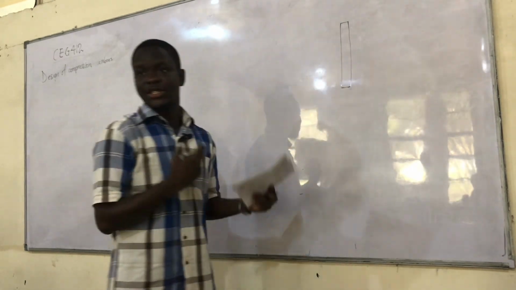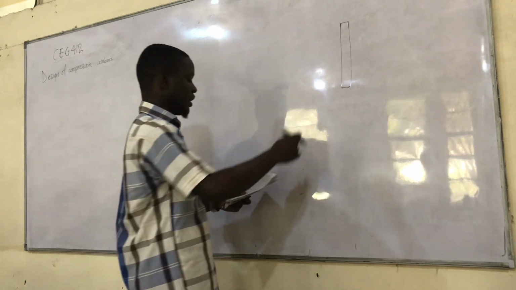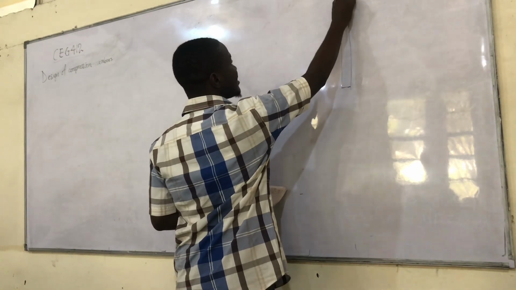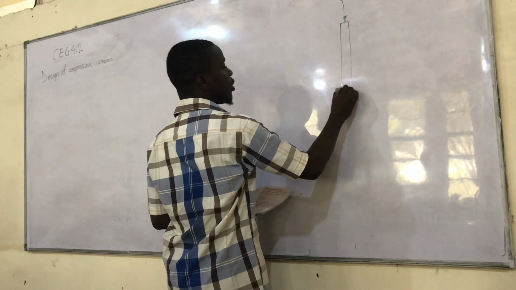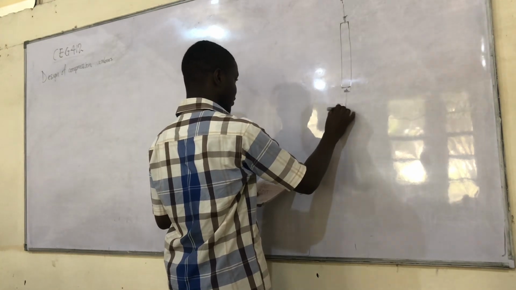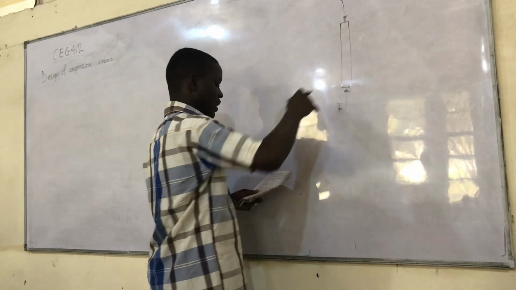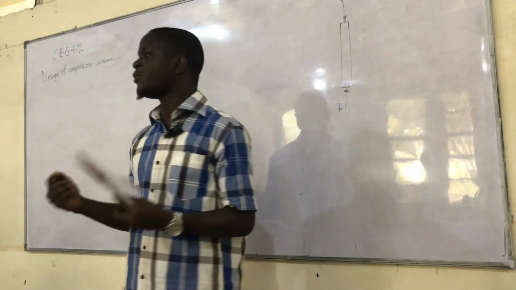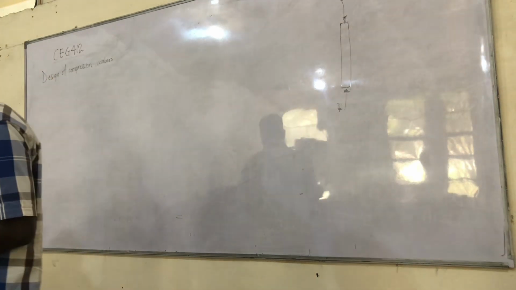This member is straight, right? Now, it is subjected to two equal, that is, this is F, right? Two equal but opposite forces applied at its ends.